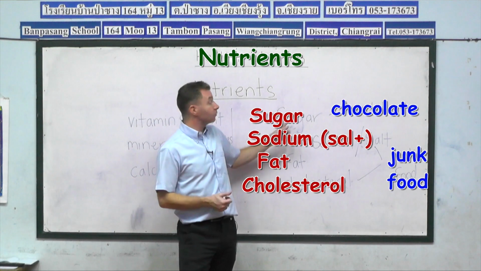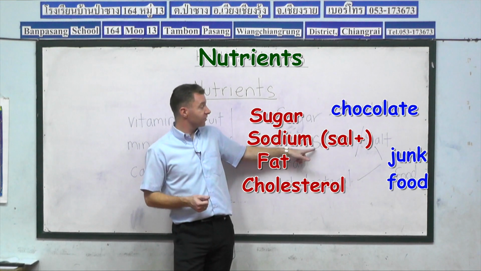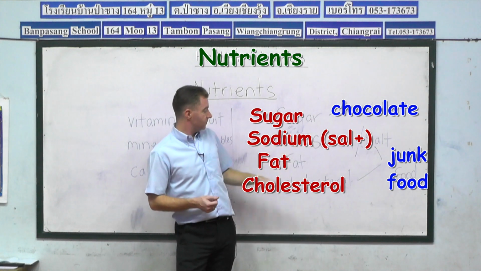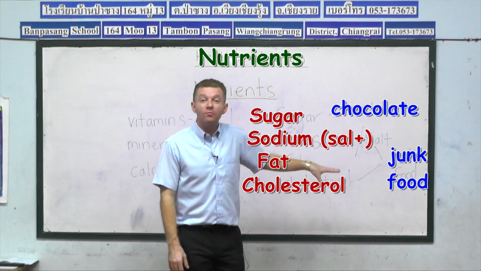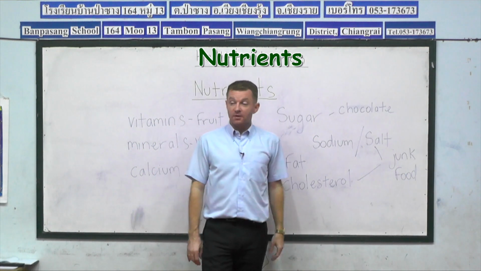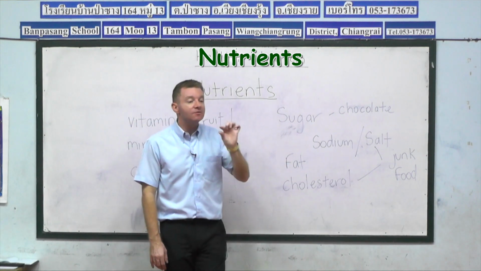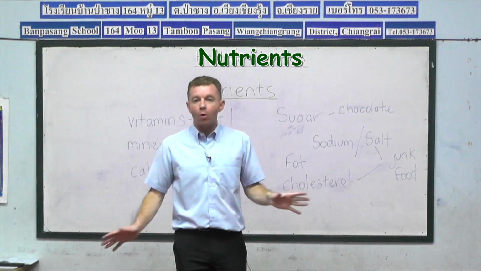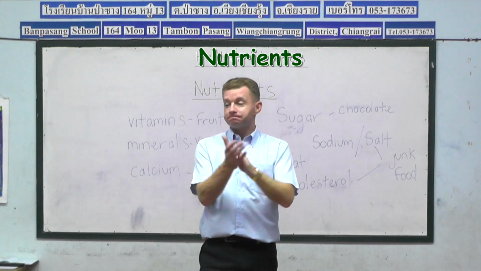But when we think about sugar, from chocolate, sodium, salt, fat, and cholesterol, all comes from junk food. So these are the types of foods that we have to limit. They're okay, but only in small doses. Don't eat them all the time. And guys, that was very well remembered because it's important.